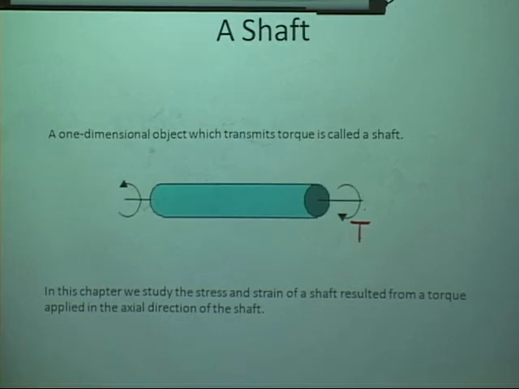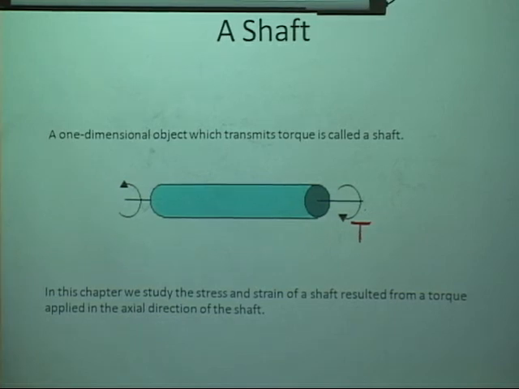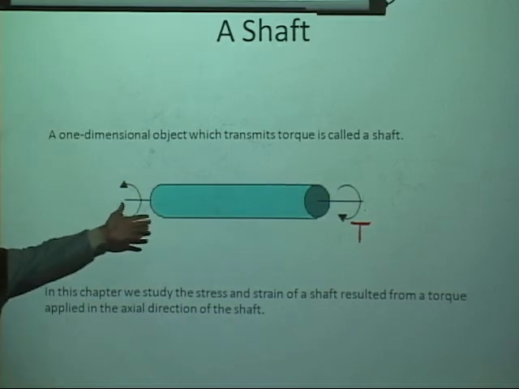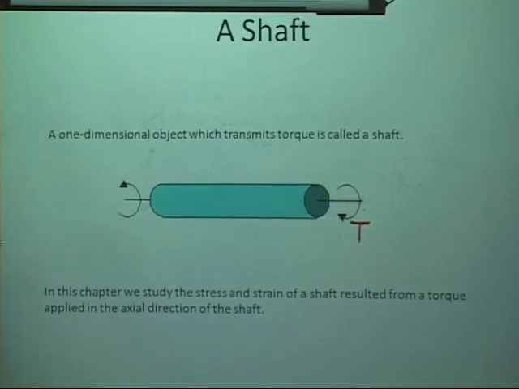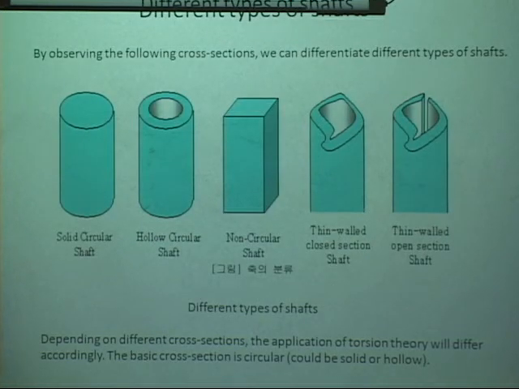This shaft can of course be curved, but let's just focus on a straight shaft. And in this chapter, we will study the stresses and strains of a shaft resulting from a torque.